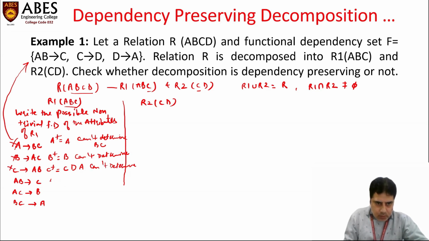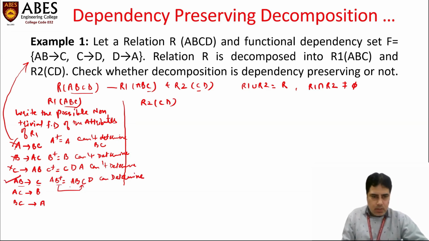Now take the attribute closure of AB. From AB we can determine C, and from C we can determine D, and D to A. So AB can determine C. So this functional dependency will hold.